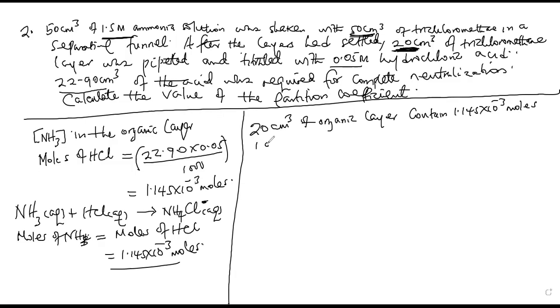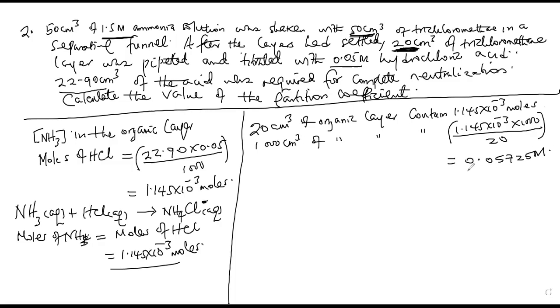Then 1,000 cubic centimeters of the organic layer contain 1.145 times 10 to the power negative 3 times 1,000 out of 20 moles. And this is going to give us the molarity as 0.05725 molar. So this is the concentration of ammonia in the organic layer.